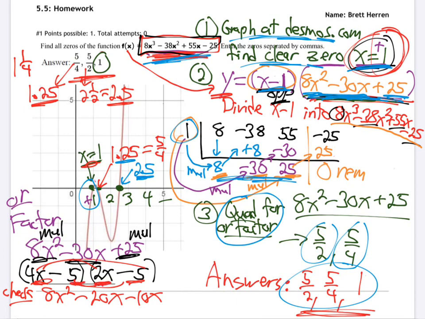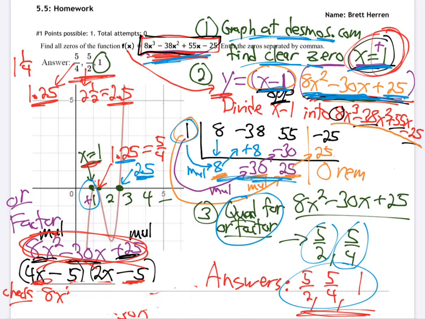Minus 5 times 2x. And then minus 5 times minus 5, plus 25. See how these two in the middle will combine to be minus 30x? See how it is indeed the correct factorization of 8x squared minus 30x plus 25. So if you get that, then let me erase the check here. That just proved it's true.